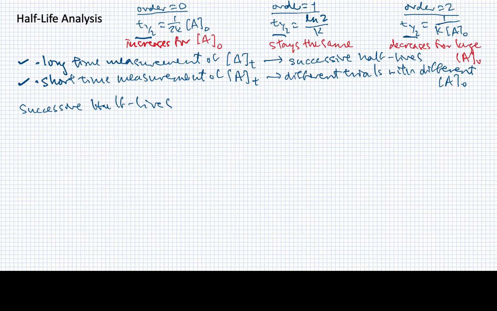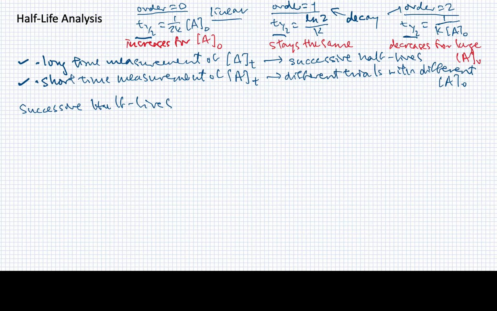We know that order 0 is a linear plot, whereas both order 1 and order 2 are decays. Order 1 is an exponential decay, and order 2 is a 1 over t decay. They're not always easy to tell apart when you just look at them visually, so that's why we need to do a little bit of analysis.